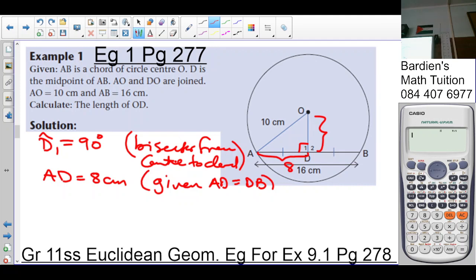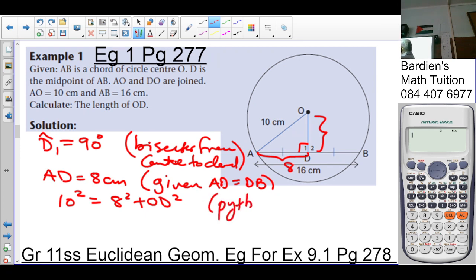So now can I apply Pythagoras? Yes. So what do I say? OD squared is equal to 10 squared minus 8 squared. Or I can say 10 squared is equal to 8 squared plus OD squared. Not so. And the reason here is, what am I using here?